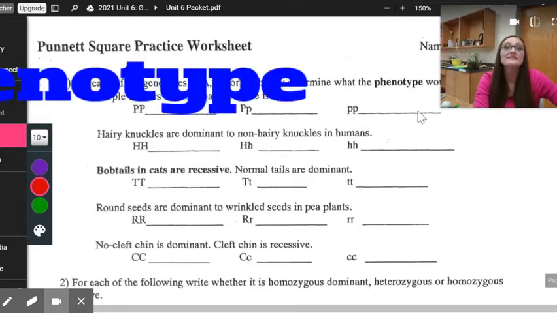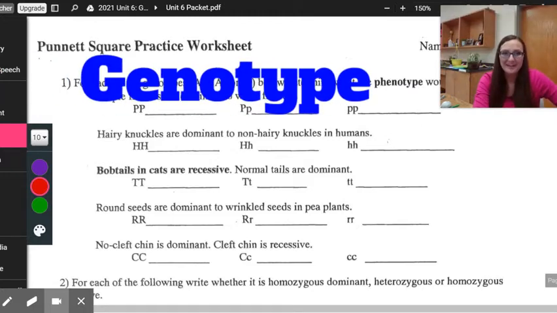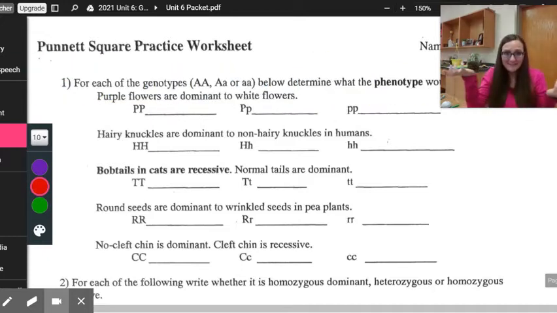First up is genotype. All right, so what is a genotype? How do you even spell that? Over here in the first practice problem, it says, for each of the genotypes. What does that mean? I'll tell you. Genotypes are basically letters that represent your genes.